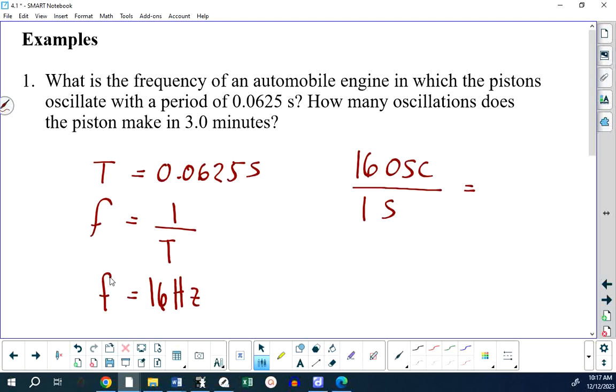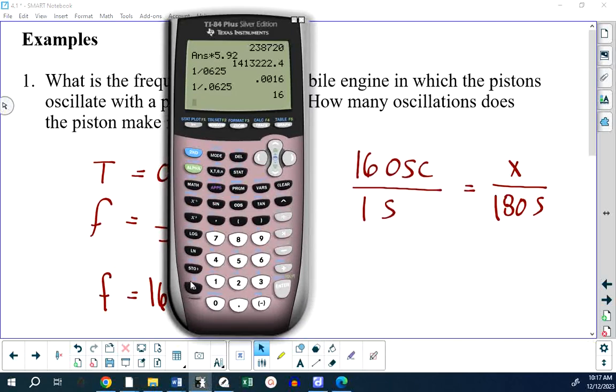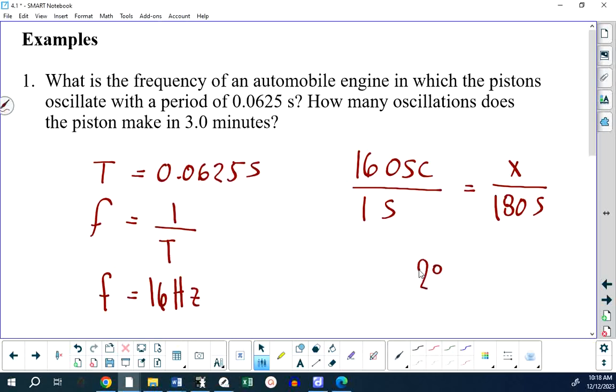I just use oscillations equals X over, man, finding out how many seconds 3 minutes is child's play. So we need to multiply 180 by 16 and get 2880 oscillations.